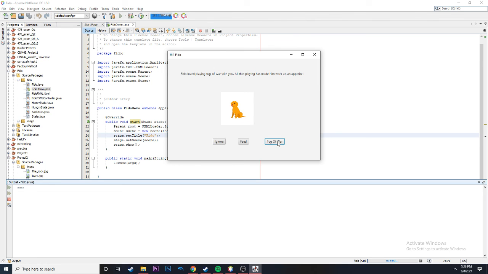So what happens when we try to play tug of war with Fido when he's hungry? Fido doesn't want to play right now. He is hungry. And that's a specific behavior that's defined in the hungry state class, the hungry state concrete class. So let's feed Fido so that he's no longer hungry, and now he's happy again.